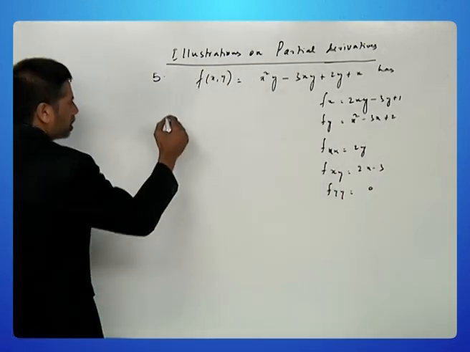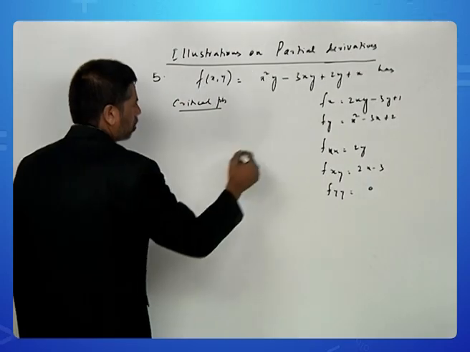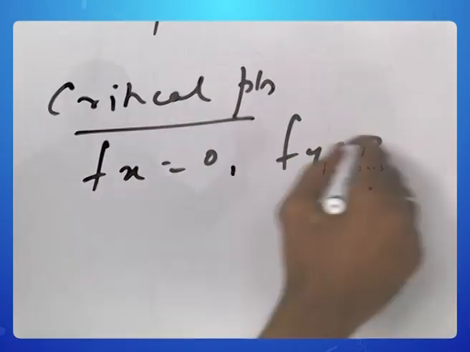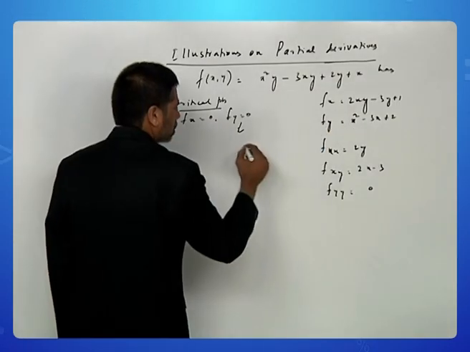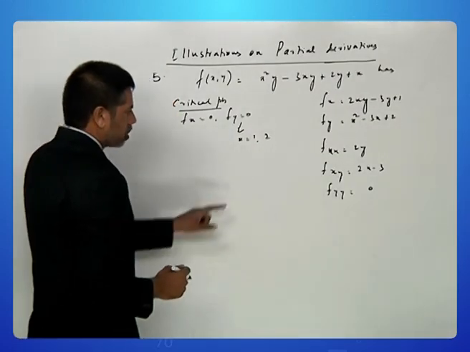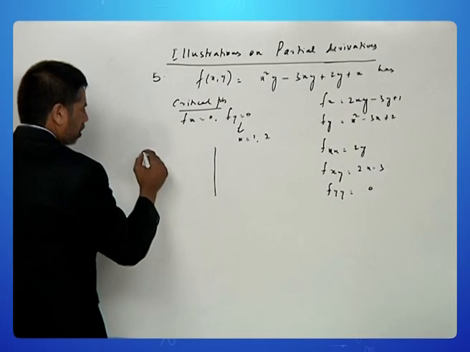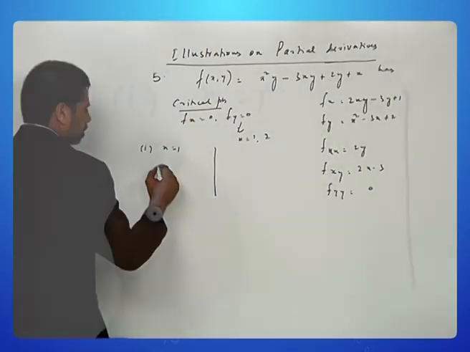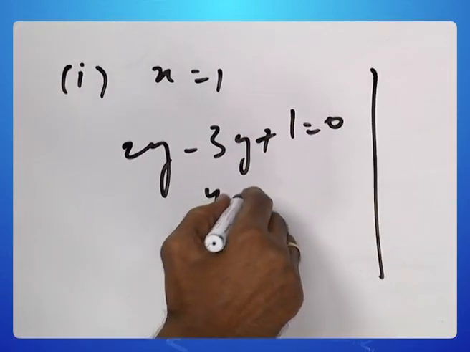Now you get critical points. To get critical points, you solve these two equations. Fx is equal to 0, Fy is equal to 0. And from Fy is equal to 0, by solving this, you get x is equal to 1 or x is equal to 2. First case, you put x is equal to 1 in Fx and you will get 2y minus 3y plus 1 is equal to 0, giving y is equal to 1.